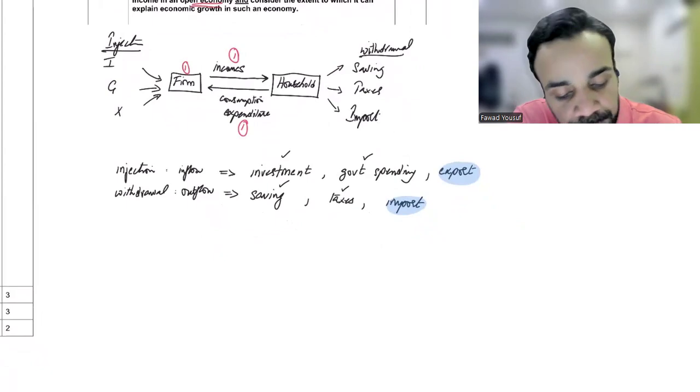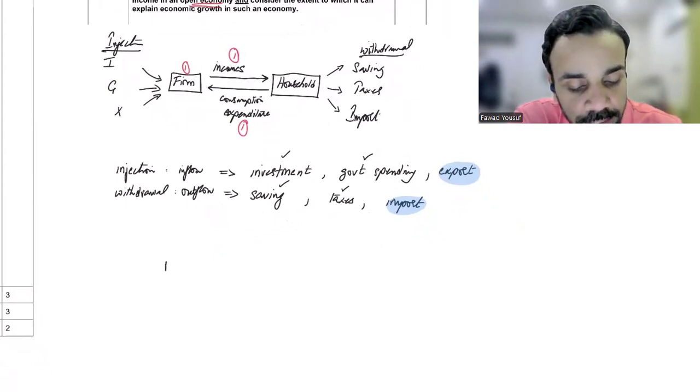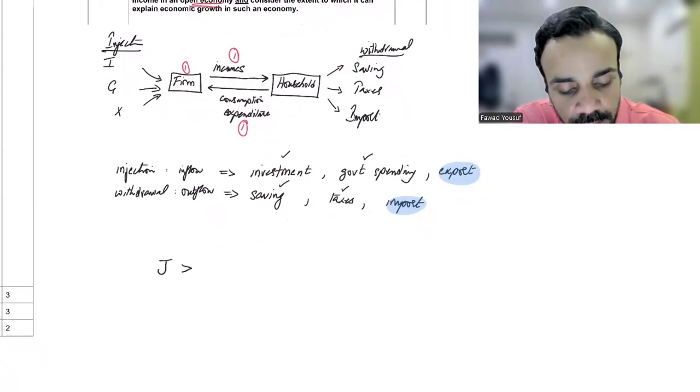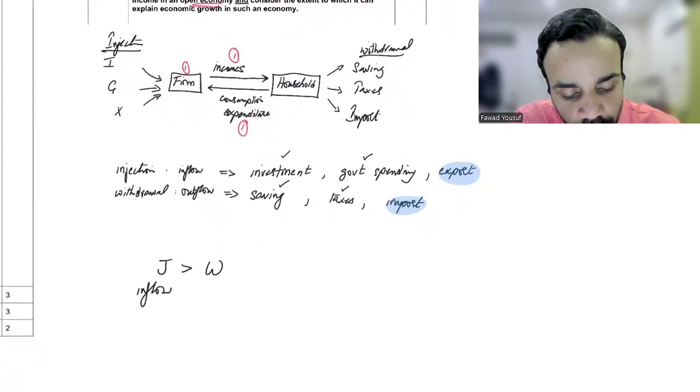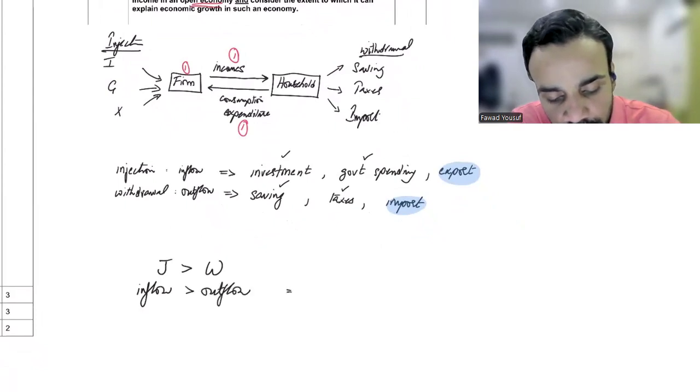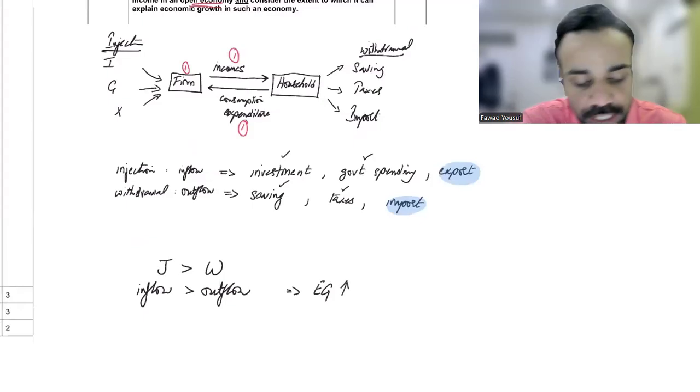This is what you'll do. If injection is greater than the withdrawal, okay? If the inflow is greater than the outflow, then economic growth will rise.